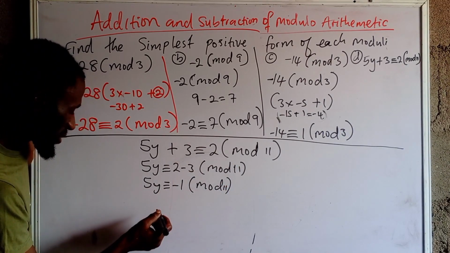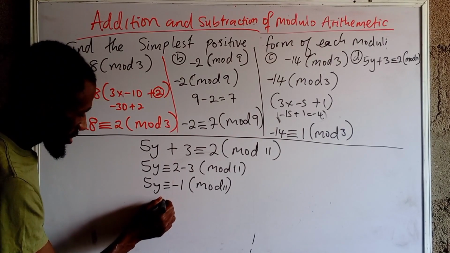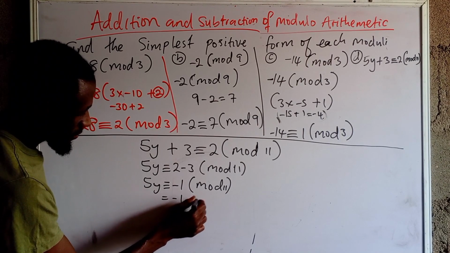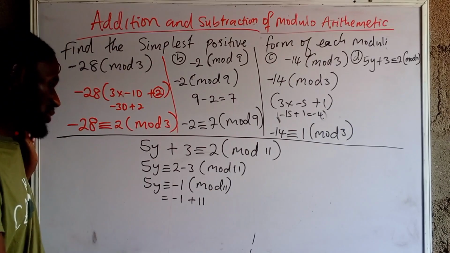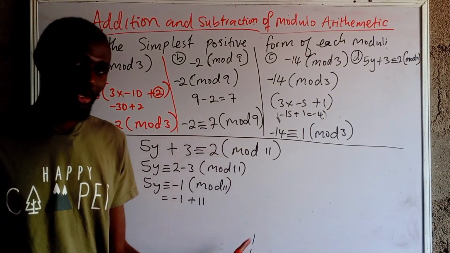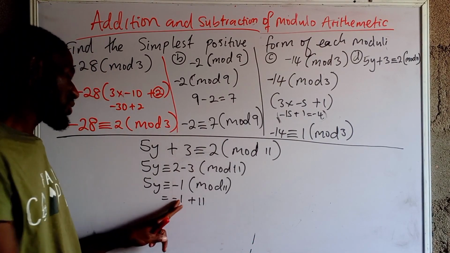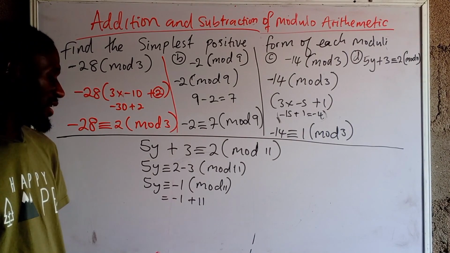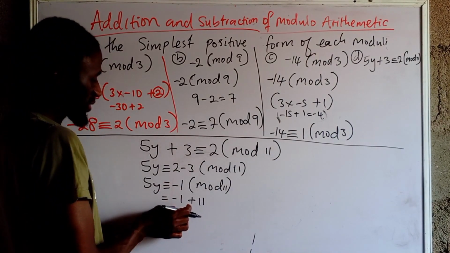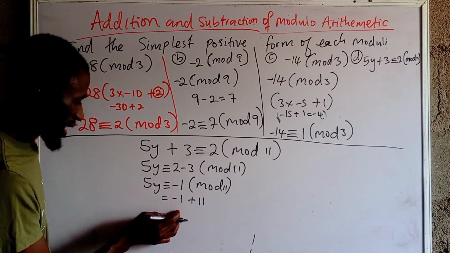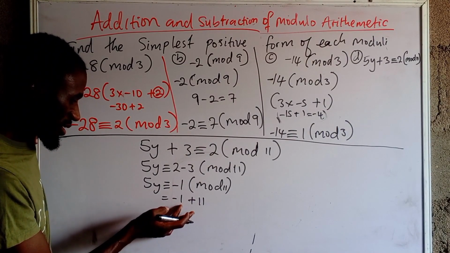Then this is equal to minus 1 plus 11. Let's add the modulo. Since in making our table, if you remember, we add the modulo when a number is negative.